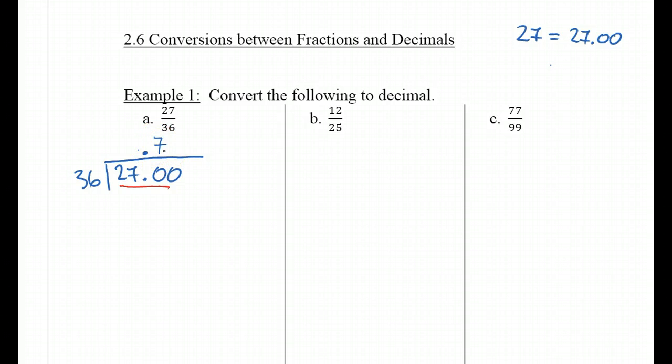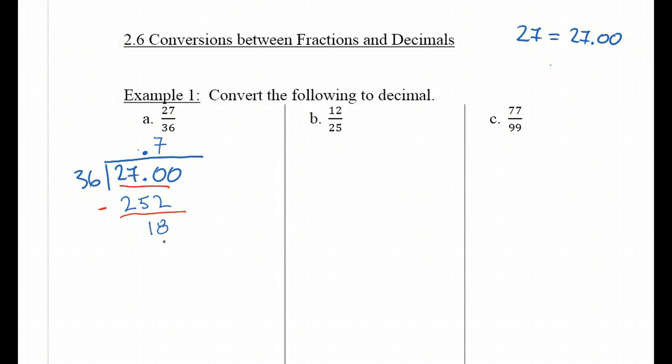And then 7 times 36 is 252. Okay, and then I do my regular old division techniques here. I'm going to subtract 252 away from 270, and I get 18.